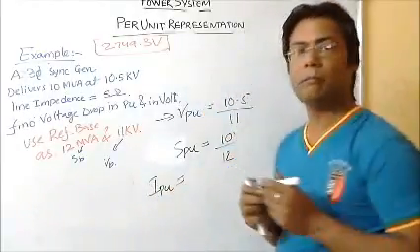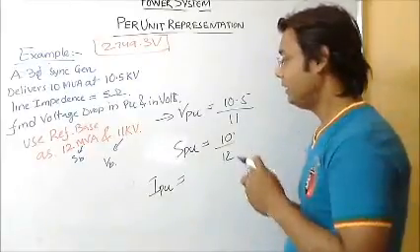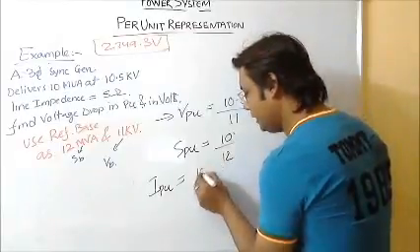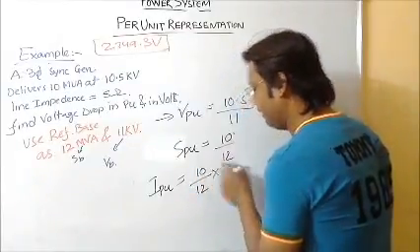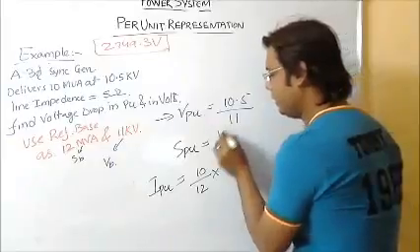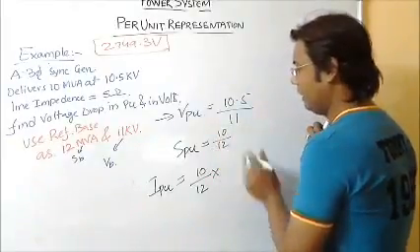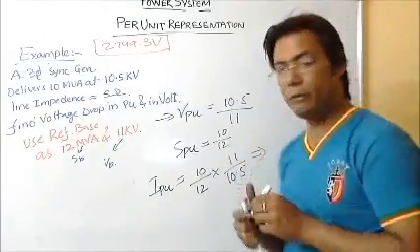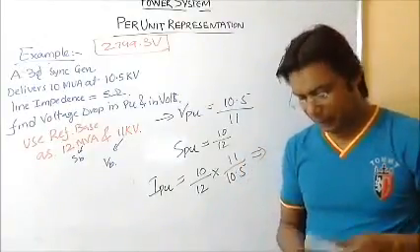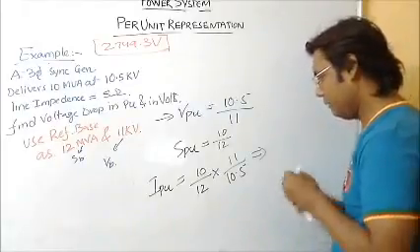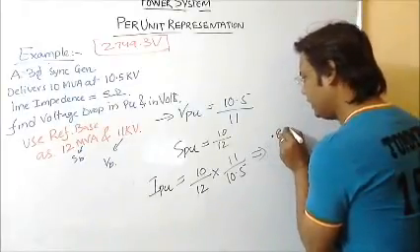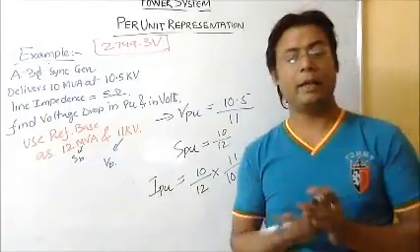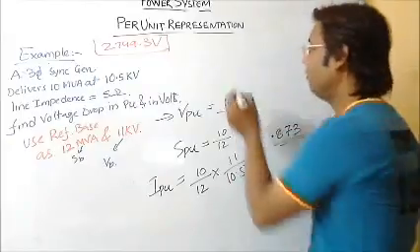I per unit would be SB upon VB, or I per unit will be S per unit upon V per unit. S per unit is 10 by 12, multiplied by 11 by 10.5. So I can have the per unit value of the current as 0.873. This is the current. So again I can find the Z per unit now.